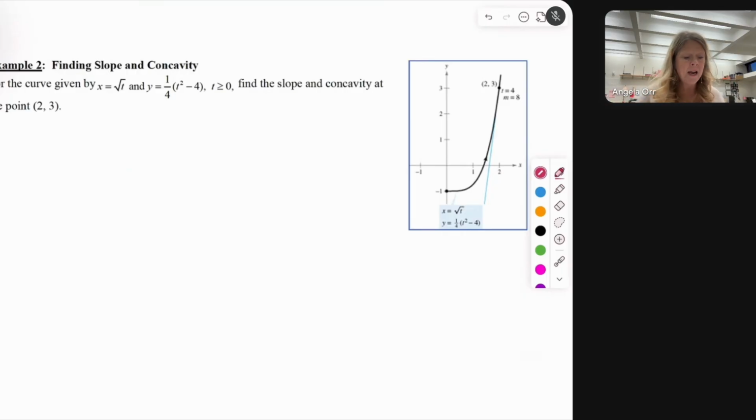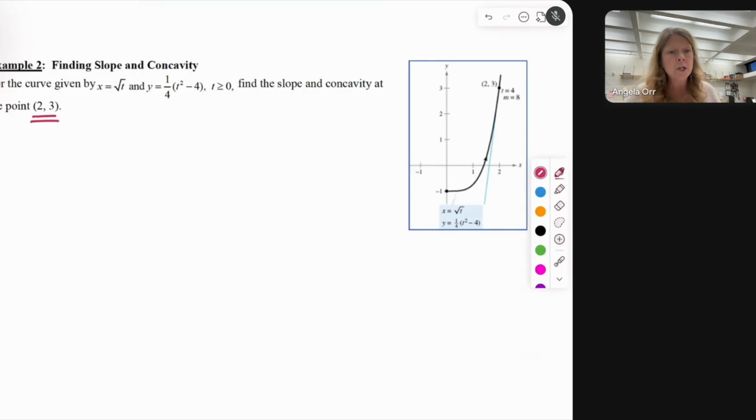So let's first start by figuring out what the slope and concavity are at a specific point. Eventually I'm going to have to figure out what time is at that specific point.